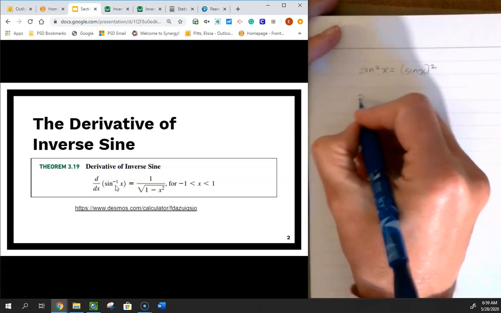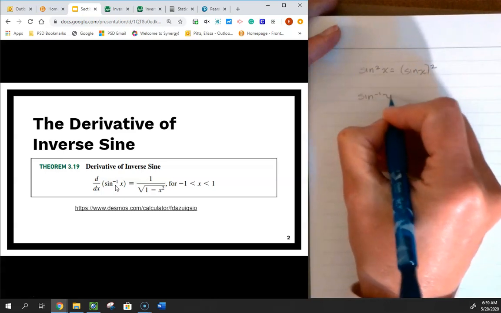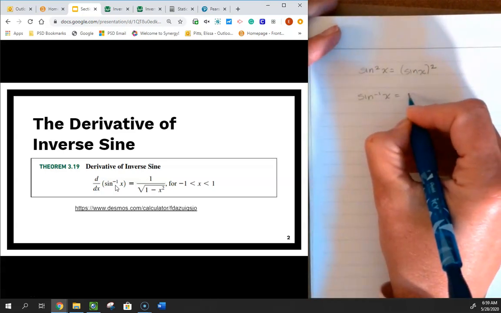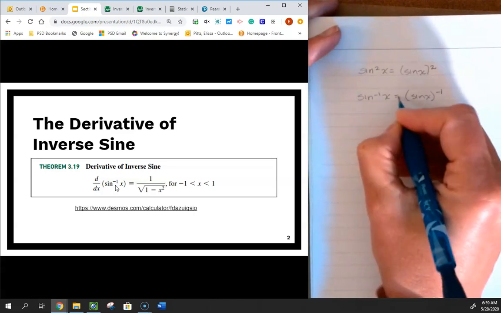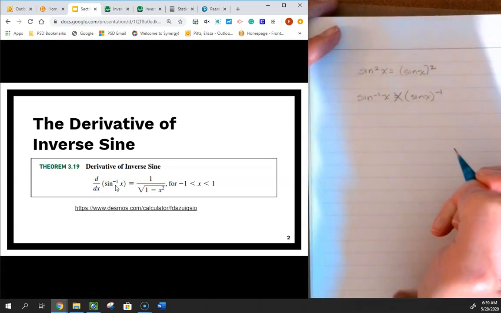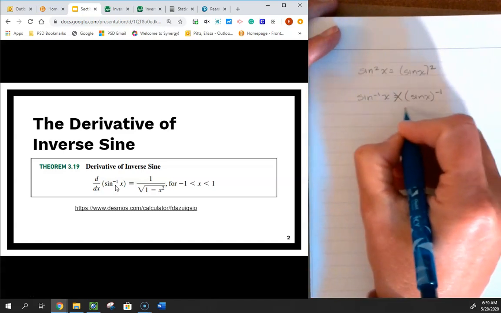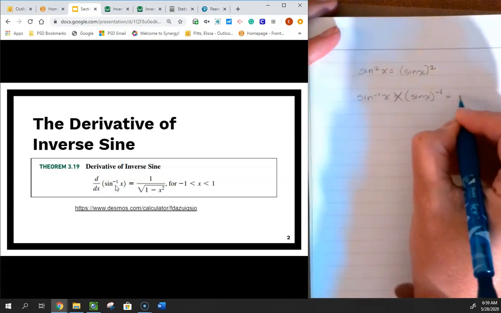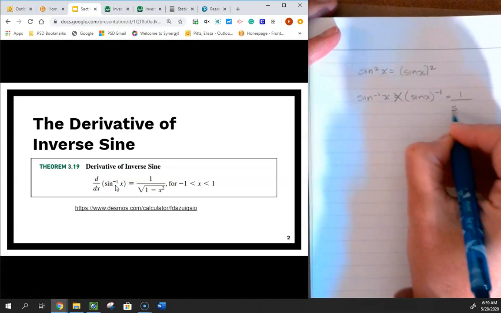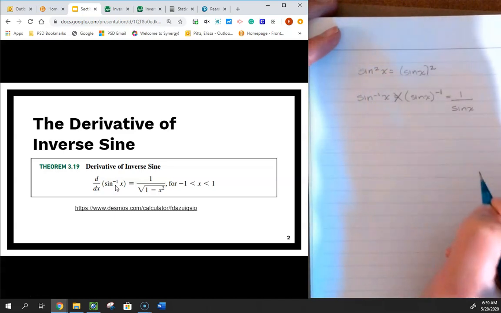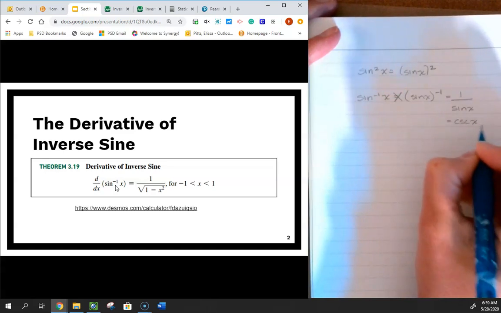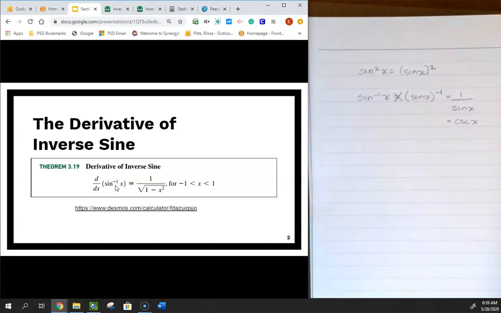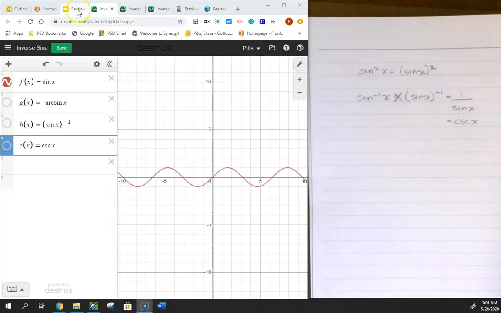We cannot say that the inverse sine of x is equal to sine of x to the -1. That's not true, right? This would be equal to 1 over sine of x, and 1 over sine of x is equal to cosecant x, and that's not the same as the inverse sine function.